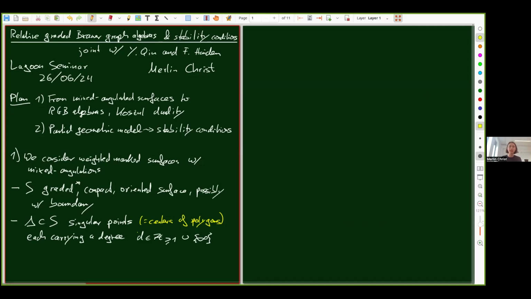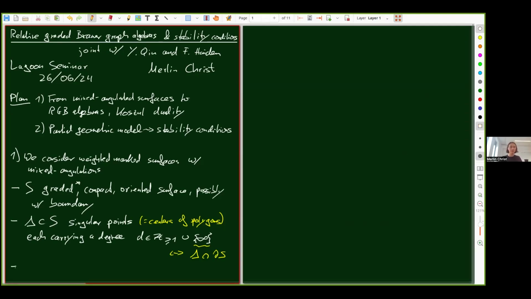The infinity degrees are reserved for the boundary singular points. So a singular point lies on the boundary if and only if its degree is infinite. This is delta intersected with the boundary of S.